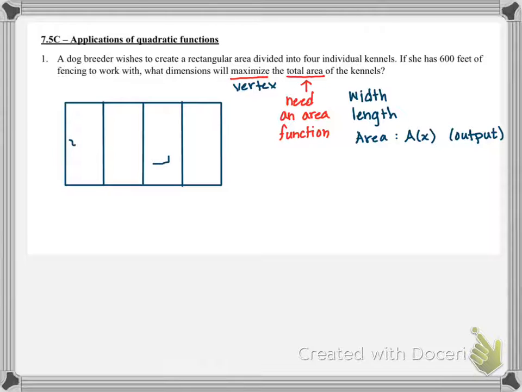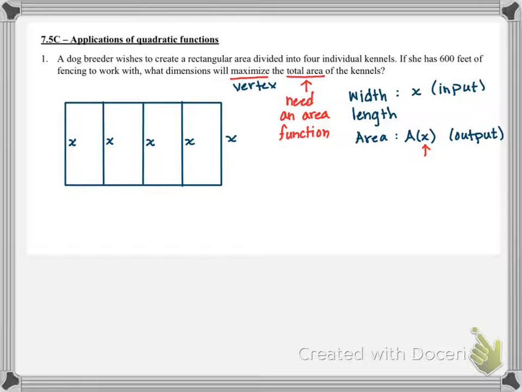So x is going to be my width. So this will be the input of my function. I know that's going to be the input because I said my area was going to be A of x, which means it uses an input of x.